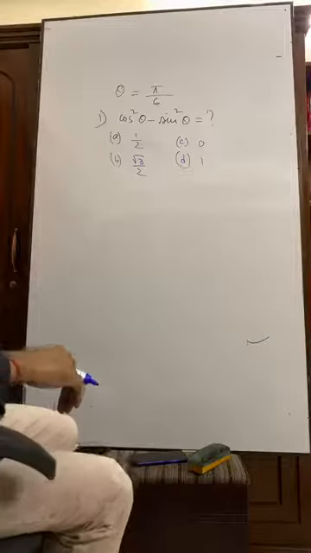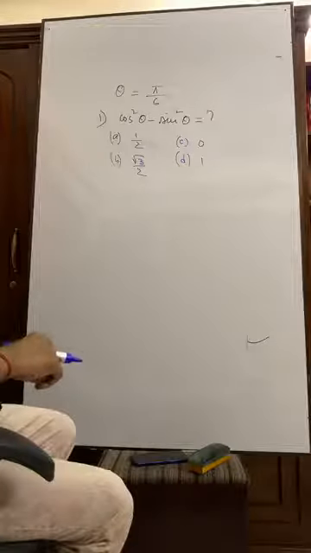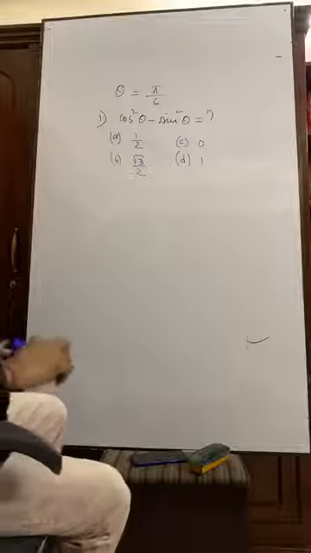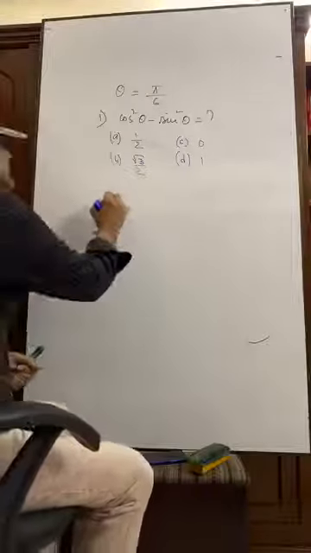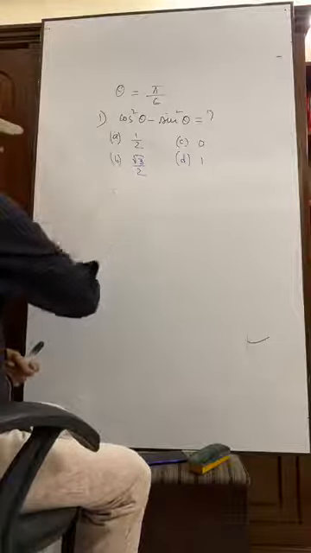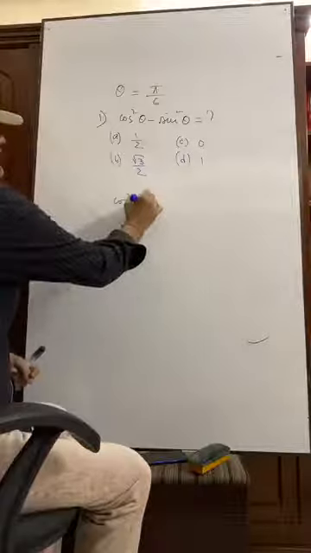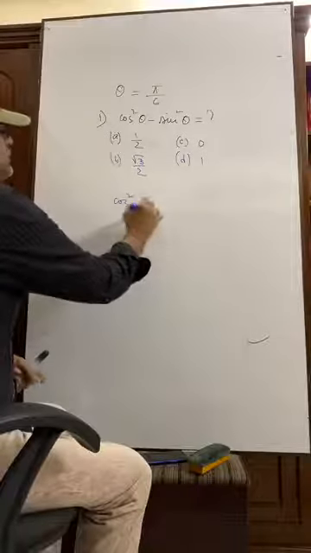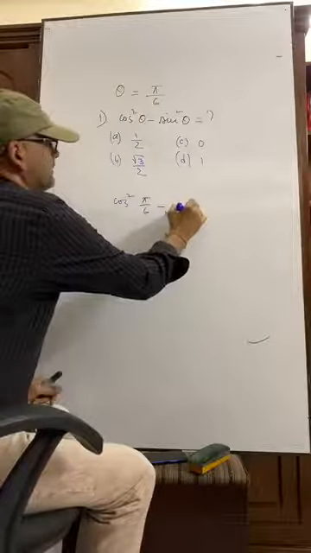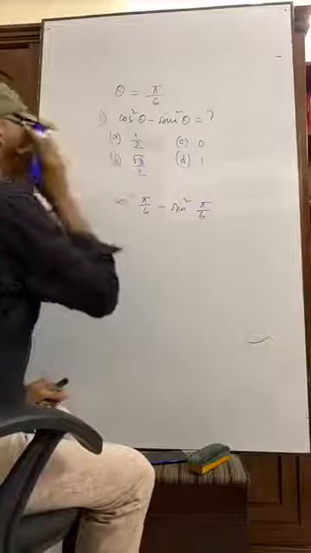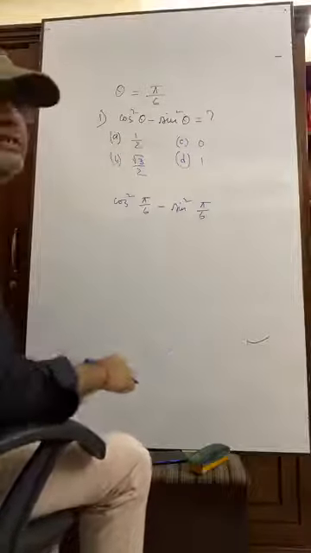Theta equals pi by 6, cos square theta minus sin square theta equals what? You just put the values like this. Cos square theta, theta means pi by 6, minus sin square theta, theta means pi by 6. Pi by 6 means 30 degree.